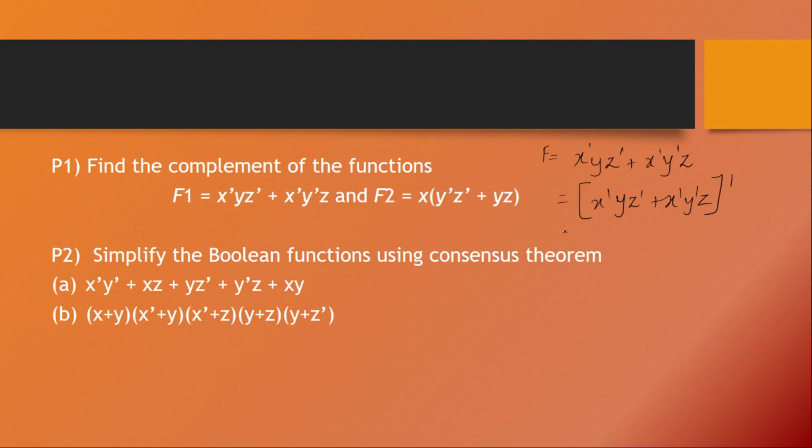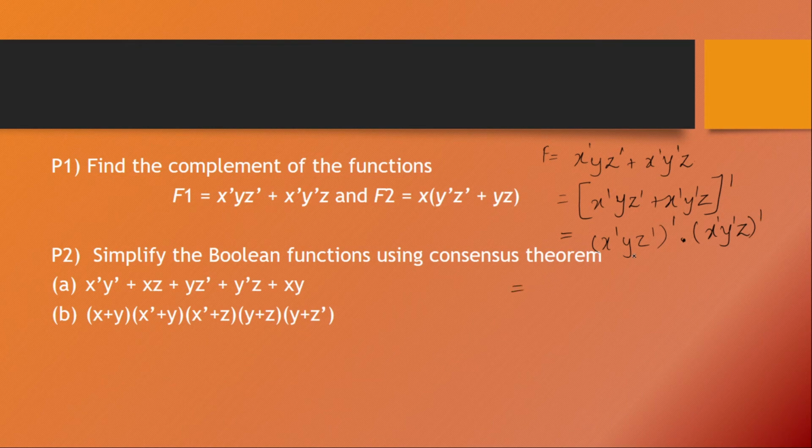Using De Morgan's theorem, you can bring this complement inside. So it's x dash y z dash, the whole complement, into, or rather AND, x dash y dash z, the whole complement.